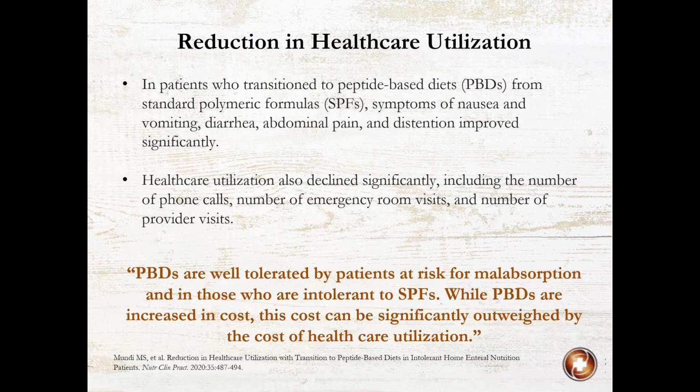And there was no gas or bloating reported with the peptide-based formula. With the standard formula, there was reported gas and bloating. So 44% of patients that were started on the peptide-based formula had no symptoms at all. So the rest of them had those symptoms, but there was a significant improvement.